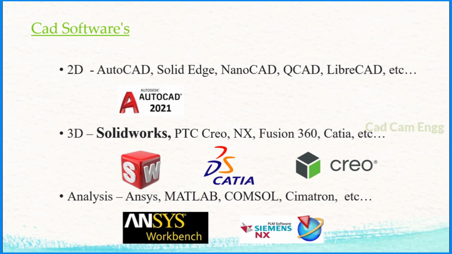And analysis softwares like ANSYS, MATLAB, these are some basic softwares for analysis purposes. These 3 categories are used by industry people. This SolidWorks we can use for all three. Once we create the 3D model, we can change to 2D, and also in SolidWorks we can do some basic analysis work. So these are the different types of CAD softwares.